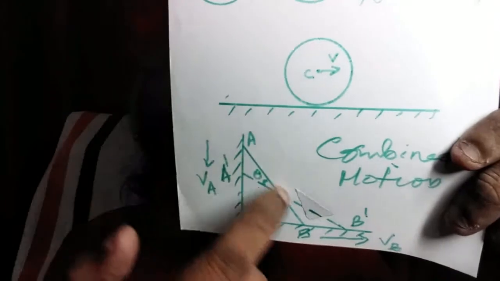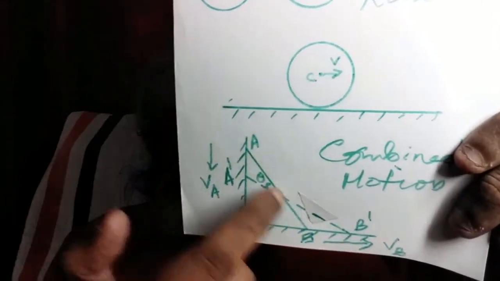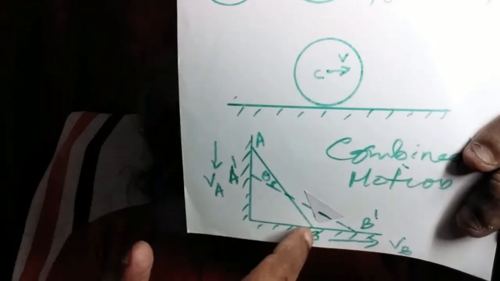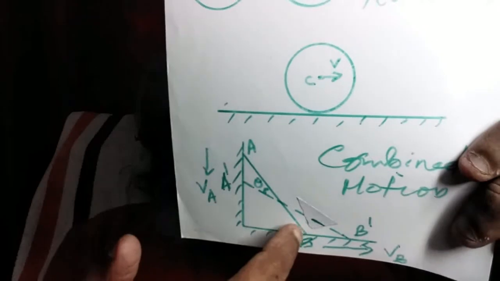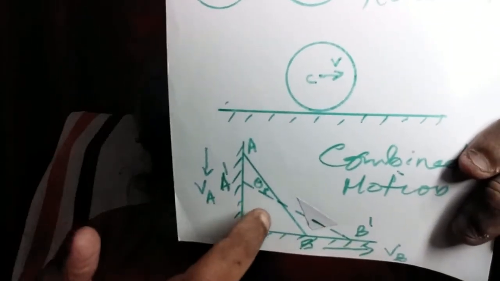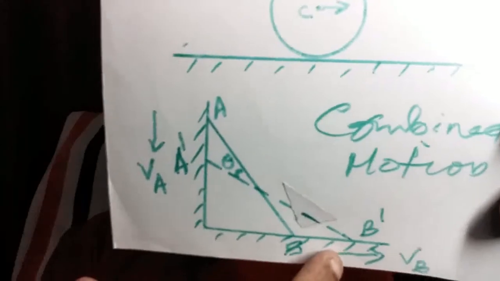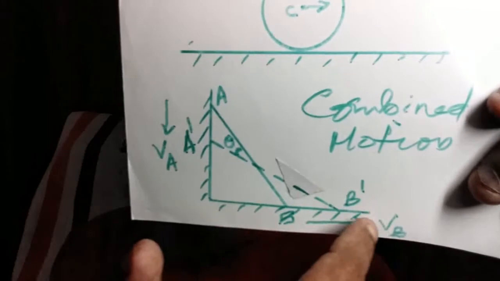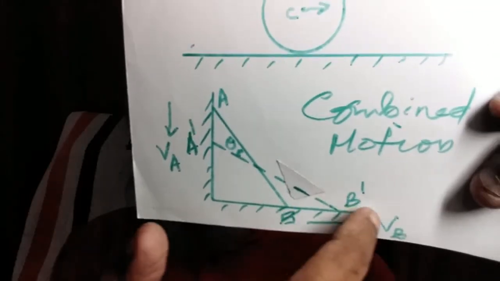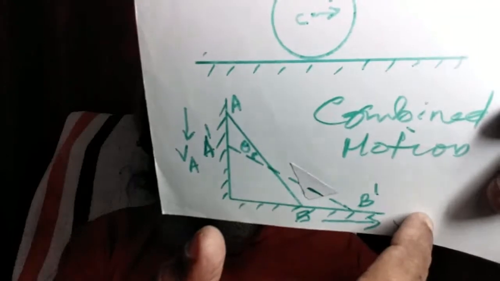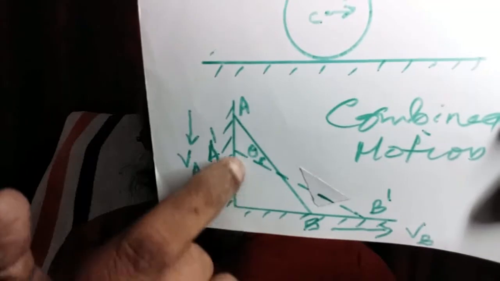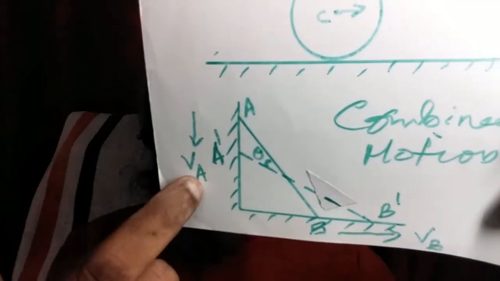Another example is an inclined ladder, one end of which presses against a vertical wall, the other end rests on a horizontal floor. It can slip if there is no sufficient friction. Then this lower end will move along the horizontal direction with a certain velocity. The upper end will come down with a certain velocity, say VA.